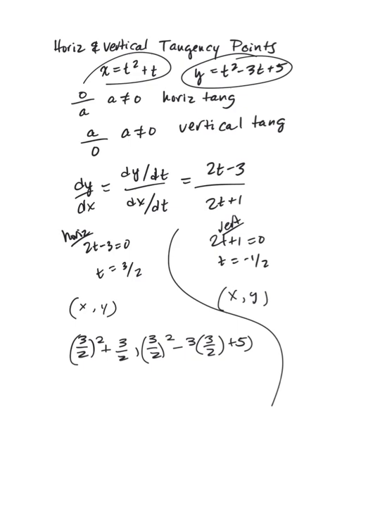So let's take a look at one more thing for this video. Parametric arc length. This is something else they love to ask on the AP exam. They really enjoy the topic, parametrics.